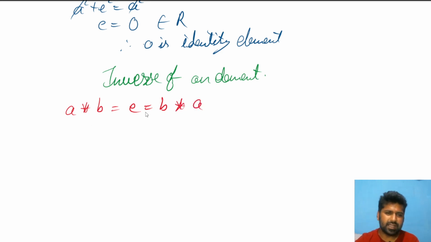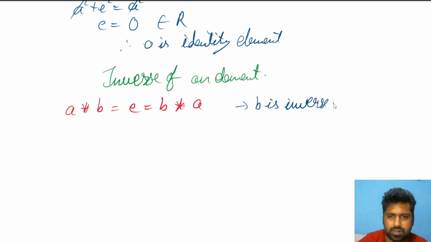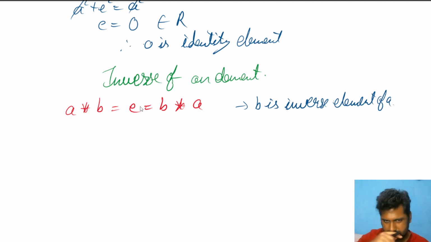AB is equal to BA is equal to identity matrix, so B is called inverse of A. Same here. If this condition happens, this is the condition for inverse of an element, then B is the inverse element of A.